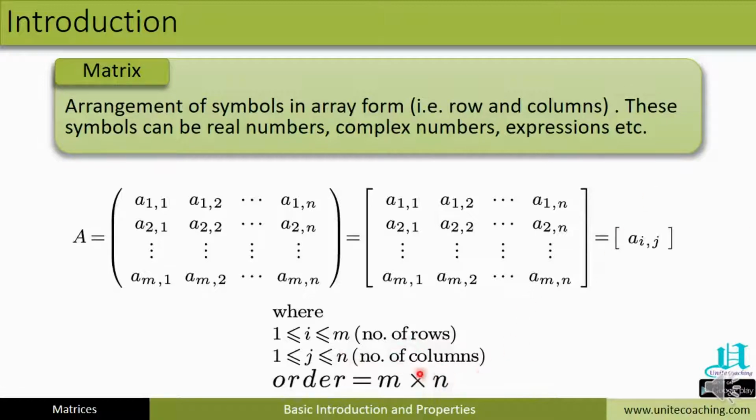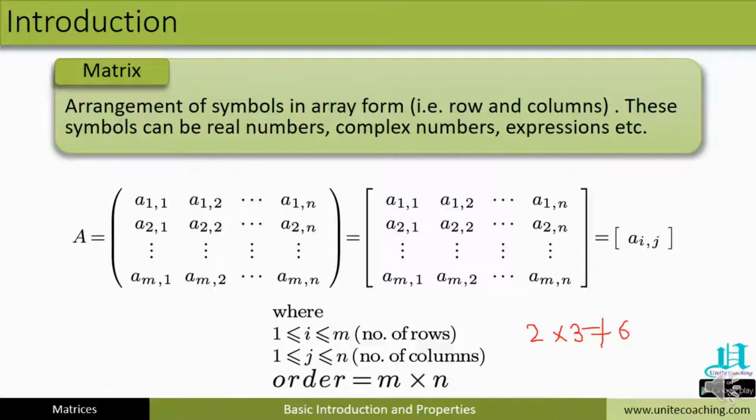So we represent the order as m into n. Remember, we just represent this, we don't calculate the product. So if a matrix has two rows and three columns, the order of that matrix is going to be 2 into 3, not 6.